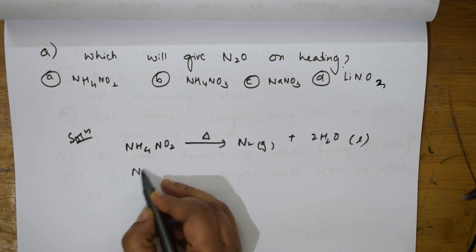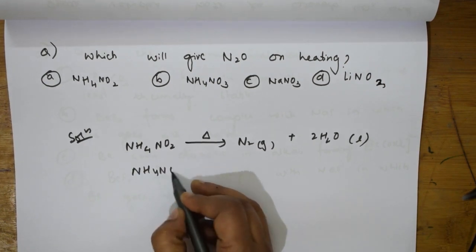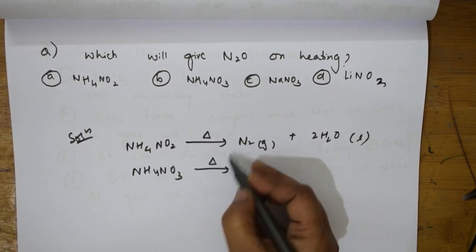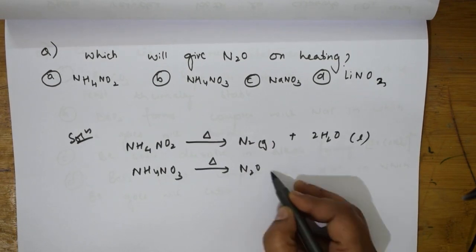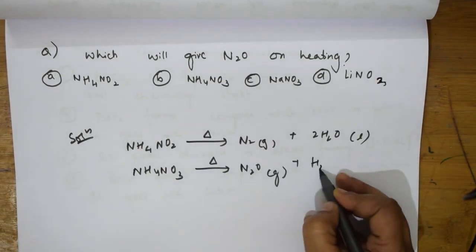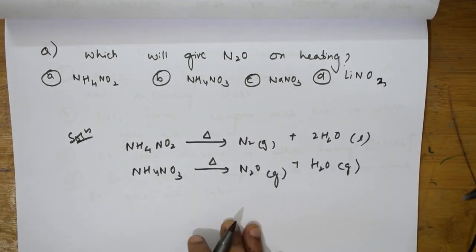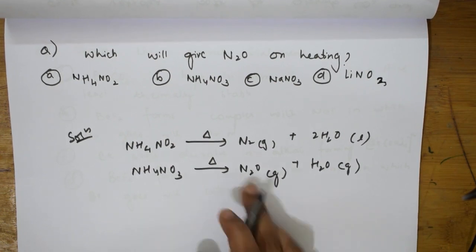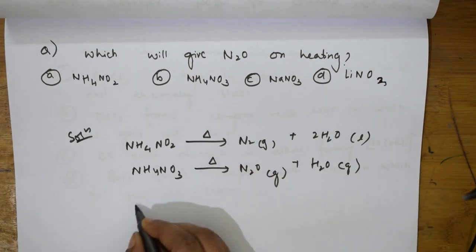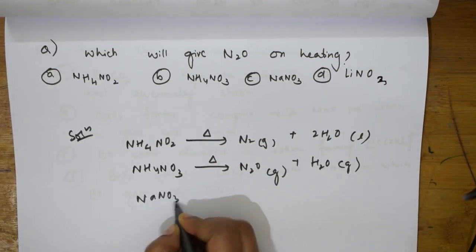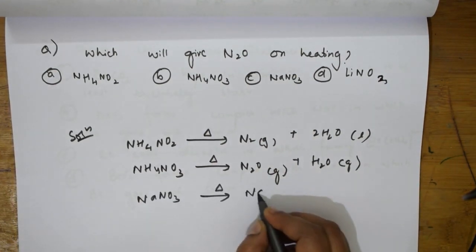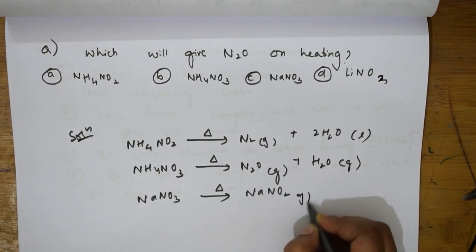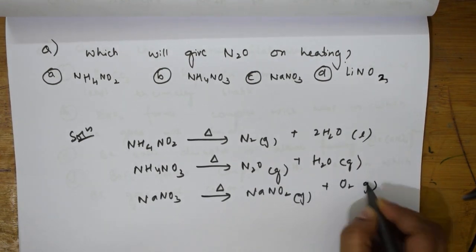And next one. NH4NO3. On heating, what will happen? It gives N2O plus water in gaseous state. So the earlier one is ruled out. Okay, I've already got the answer, isn't it? N2O I've already got. Next, NaNO3 on heating gives NaNO2 plus oxygen gas.